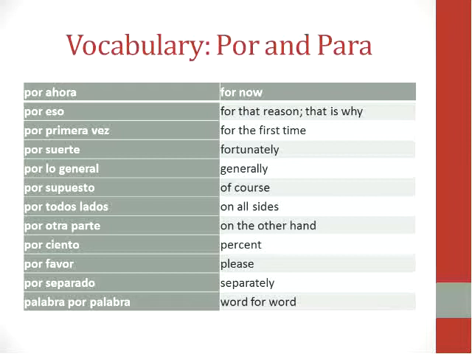Por ciento is percent. We use it, the one word percent. Por favor, you recognize that. For favor, literally, but it means please. Por separado, separately. Palabra por palabra. He said it word for word.